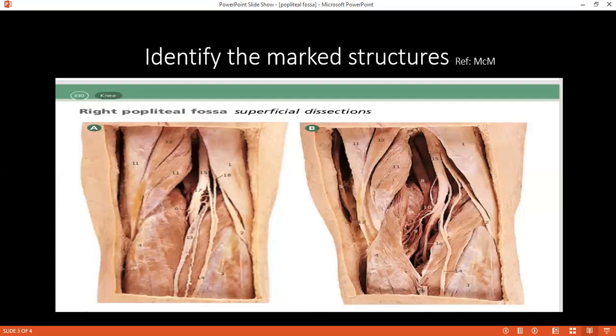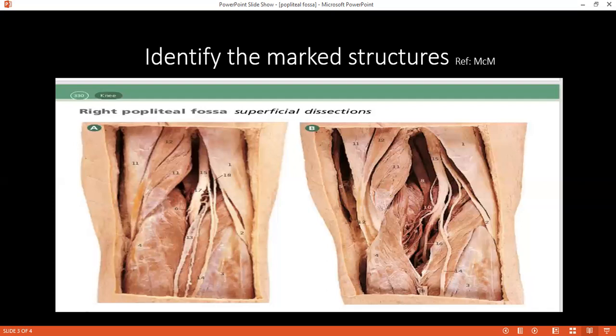These two branches, if you can identify, please. This is the branch from the tibial nerve to the sural nerve, and laterally the branch from the common peroneal nerve to the sural nerve.